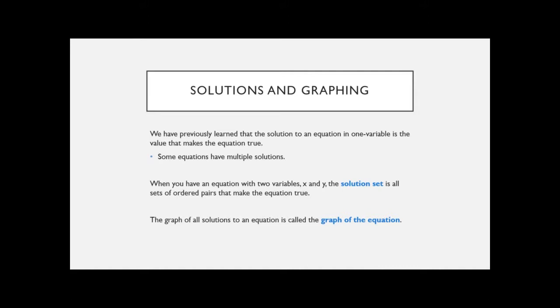Instead of listing all of those numbers, we usually just graph the equation, and the graph is all the solutions. If you have a line on a graph, every ordered pair on that line is a solution to the equation. So we use graphing to visualize solutions rather than trying to write down every single possible number, because there are technically infinite solutions for an equation that's in x and y.